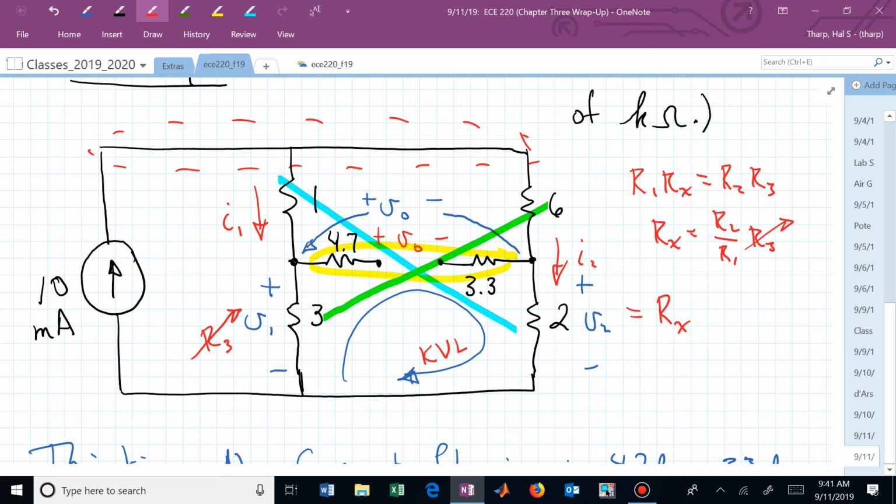The 3.3 looks like a wire as well. If those are wires, now do you see that you can connect, instead of the red V0, it's now the blue V0. Correct. So there's no voltage drop. You're not losing anything. So that's why the red V0 is the same as the blue V0. There's no voltage dropped across 4.7 or 3.3.